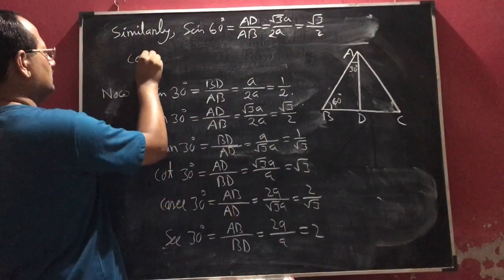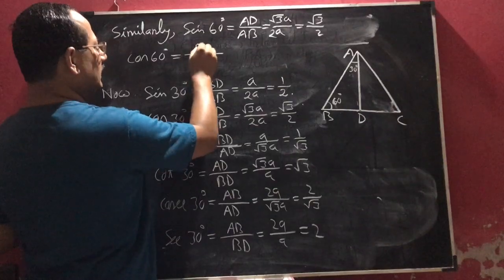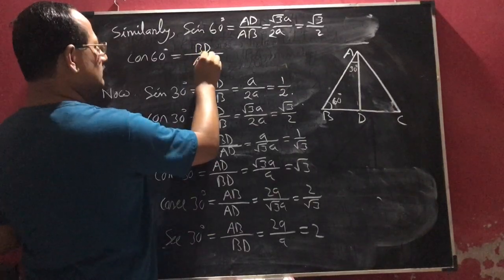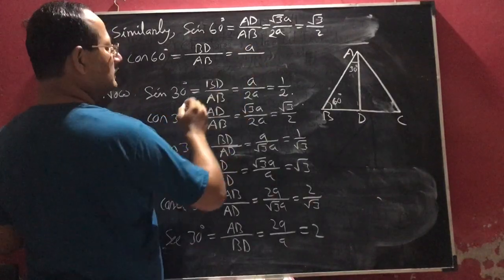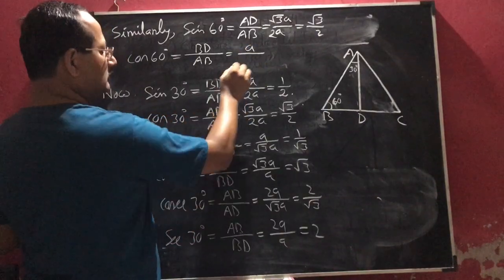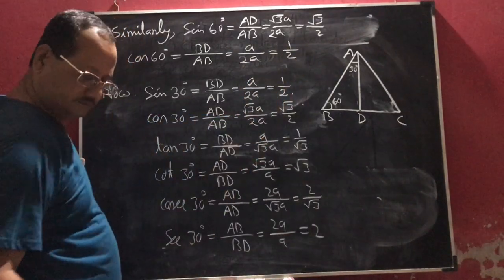Cos 60 degree is BD by AB, that is a by twice a, that is equal to 1 by 2.